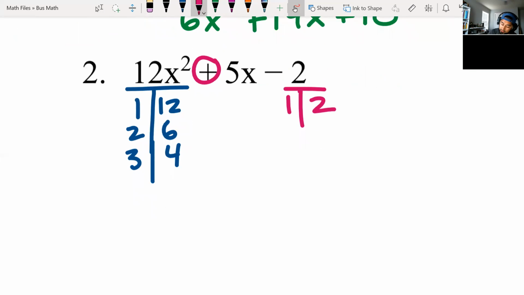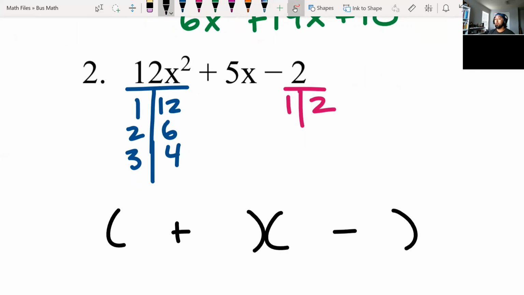And now we have plus minus, which means that I'll get something plus a number and something minus a number. And remember, blue is for factors of the leading coefficient. Second spot is for factors of the constant. Okay, so let's see which factors are going to get us what we need.